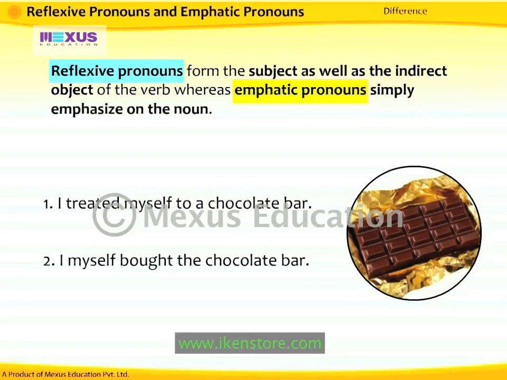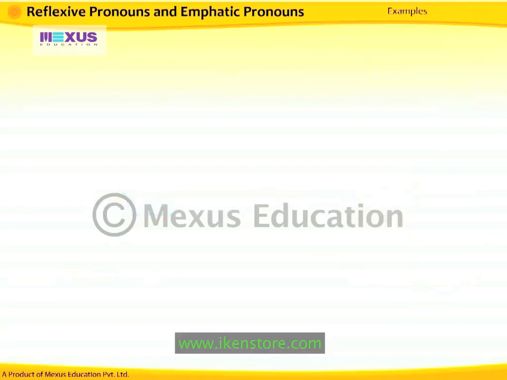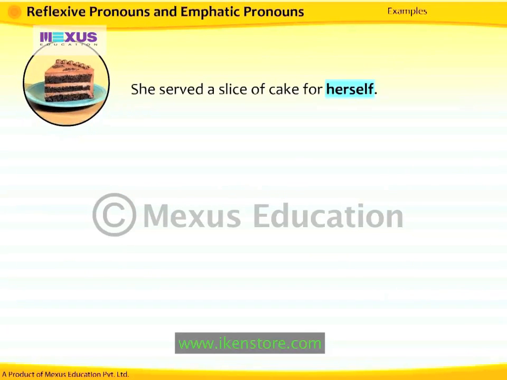In the first sentence, myself is used as a reflexive pronoun. It is both the subject and the object. In the second sentence, myself is used as an emphatic pronoun. It emphasizes the subject I. Let us look at some more examples.